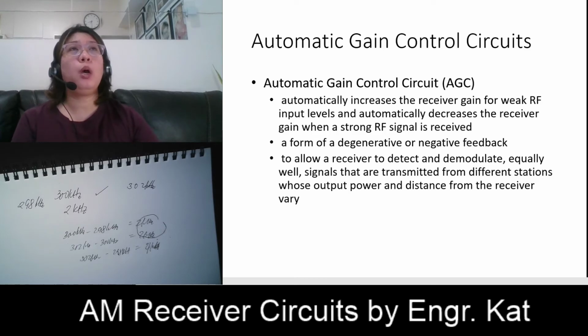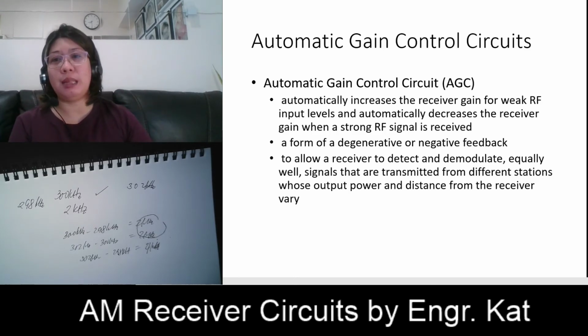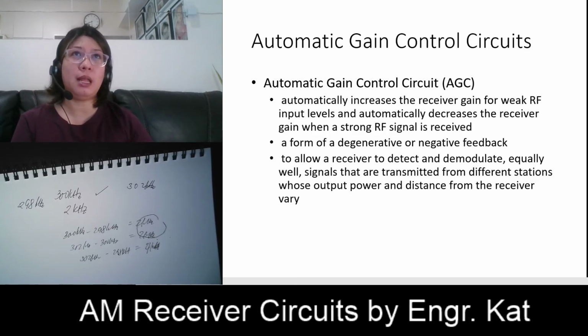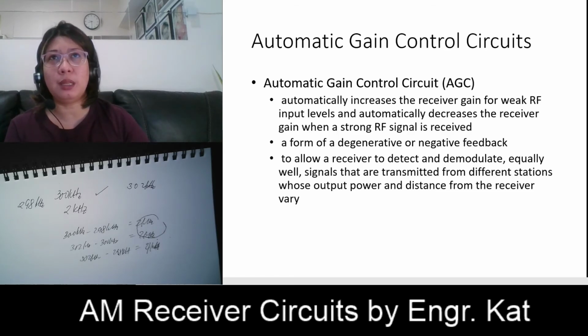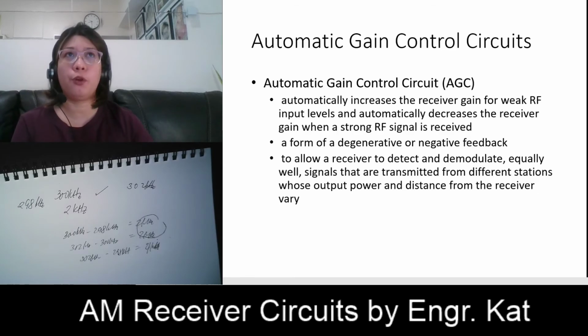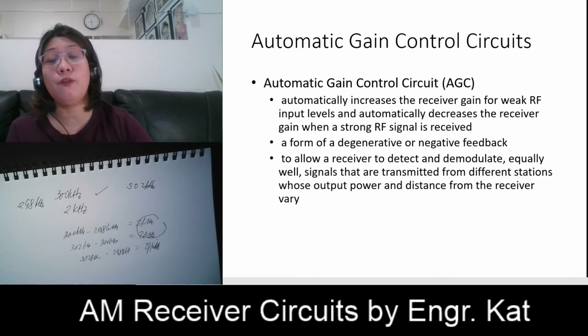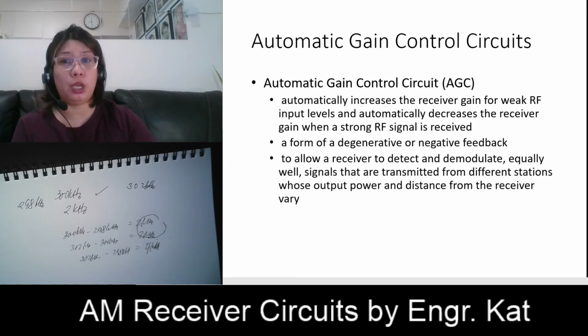When you have a weak signal, it can be buried in the receiver noise, so it becomes impossible to detect. However, when you have a very strong signal, it can override your RF or IF amplifiers, produce excessive nonlinear distortion, and even drive your amplifiers to saturation.